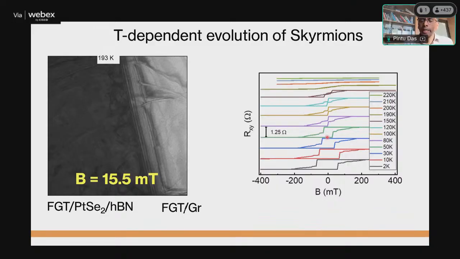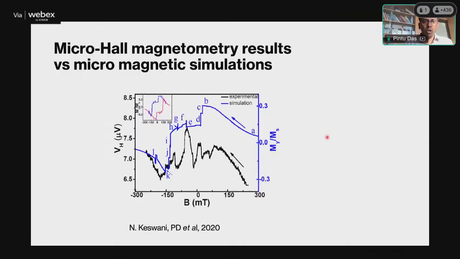So I'm highlighting this fact that those kind of topological features that we are talking about may not be topological all the time. One has to be very careful to say that those are topological Hall effect. Here I show you that in the anomalous Hall effect we see certain features which are relevant to the magnetic skyrmions that are appearing in the system.